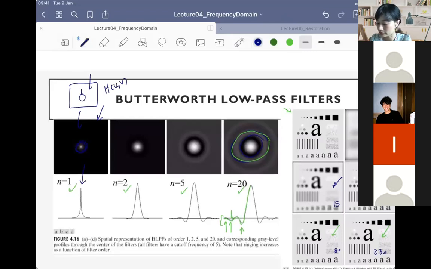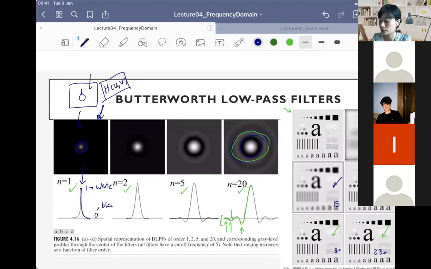You have seen that the value gradually changes from 1 to 0, and 1 is the white color, right? And 0 is the black color. So this represents the filter in 2 dimensions, or H(u,v).